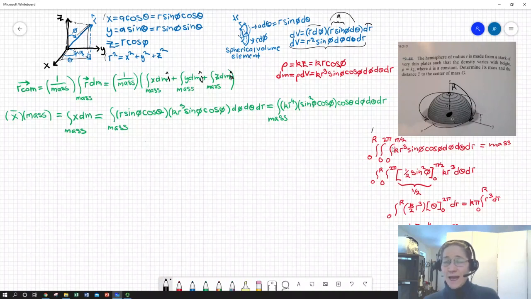Because I'm going for mass, I'm going to integrate over all three of my spherical coordinate differential elements the expression that gives me mass. So this is basically the integral over the mass dm. A lot of numbers to mean basically the integral over the mass dm. That's another way of writing this whole thing.